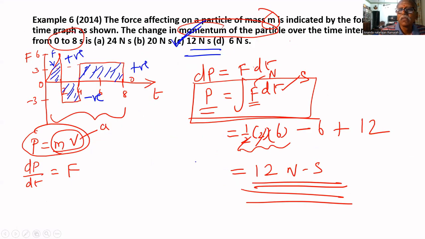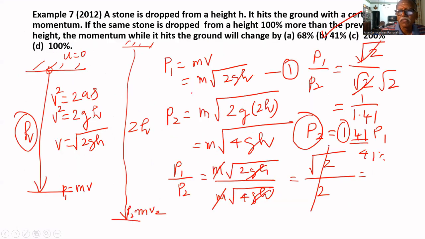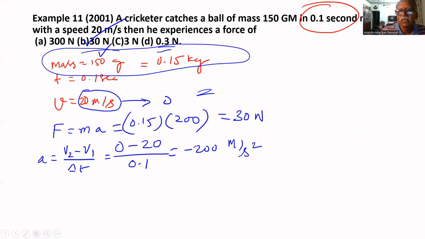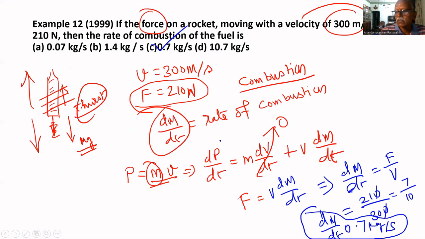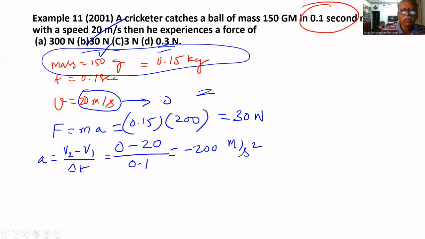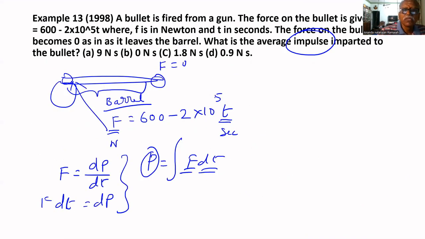Here F is given, so we cannot substitute mv. F has to be used. We solved one sum like this before, in 11th and 13th. So F is given, that's why we need P. But we know that F equal to dP by dt.